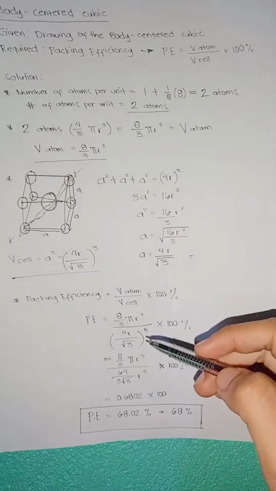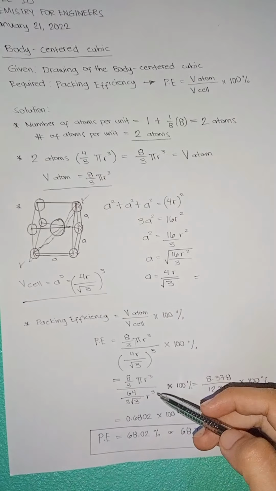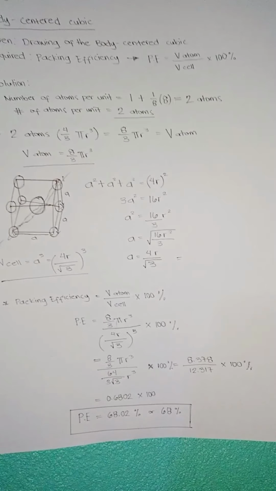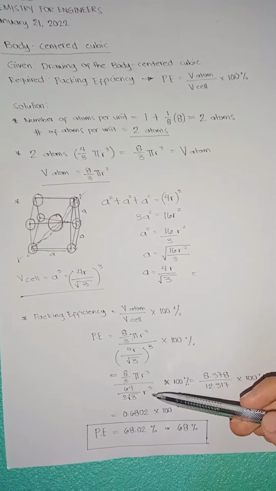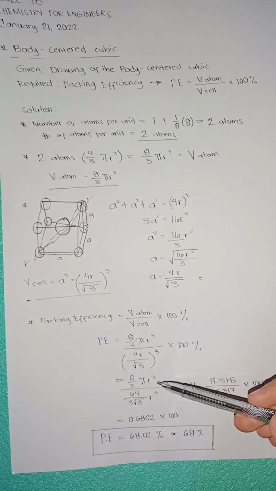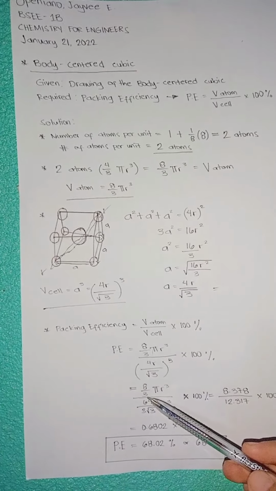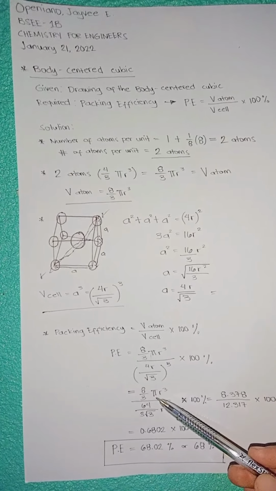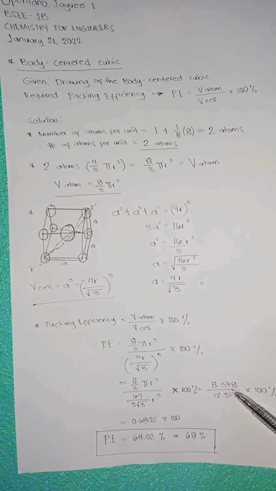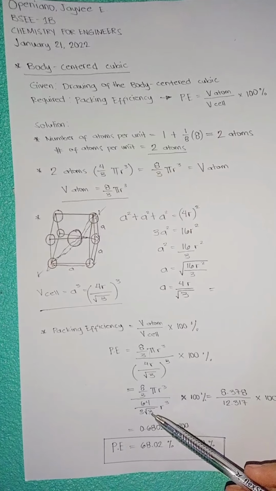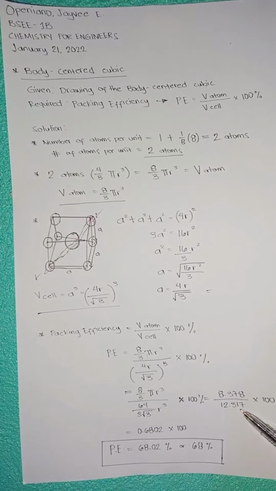Let's simplify this first. We have 64 over 3 square root of 3 r cubed. Both numerator and denominator have r cubed, so we can cancel these two, and proceed to 8 divided by 3 times pi, which is equal to 8.378, and 64 divided by 3 square root of 3 is equal to 12.317.